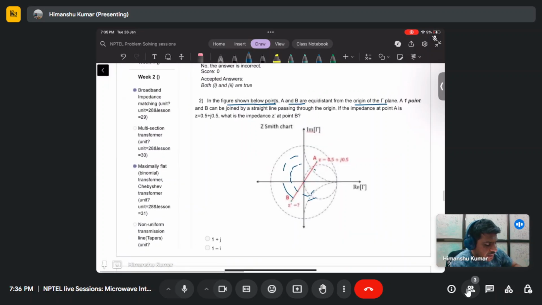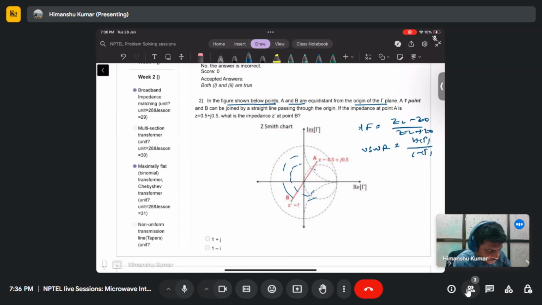You can write gamma equals ZL minus Z naught divided by ZL plus Z naught, and you can define VSWR equals 1 plus gamma divided by 1 minus gamma. So with constant reflection coefficient, you can draw the constant VSWR circle also.